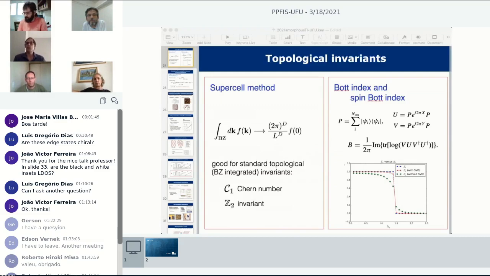And if you have 1,000 atoms and 1,000 sites, or the corresponding orbitals, this is also good enough to calculate the spin Bott index, the Bott index, or even the Z2, the way I explained. So if you have a toy model and you want to do many realizations and optimize your work, probably you have to think harder along the lines that you are saying. But I haven't done it.